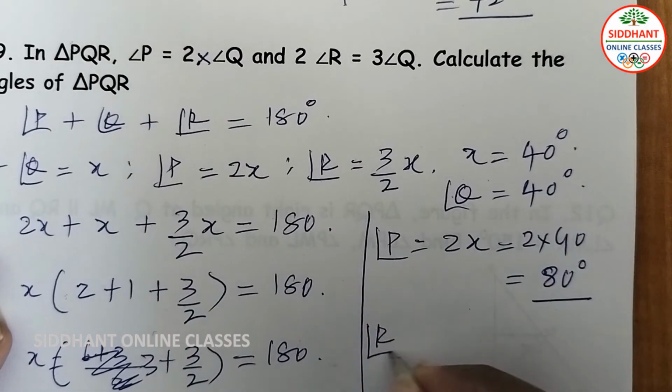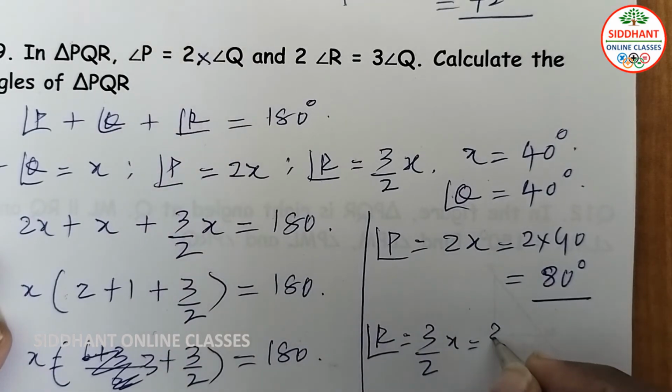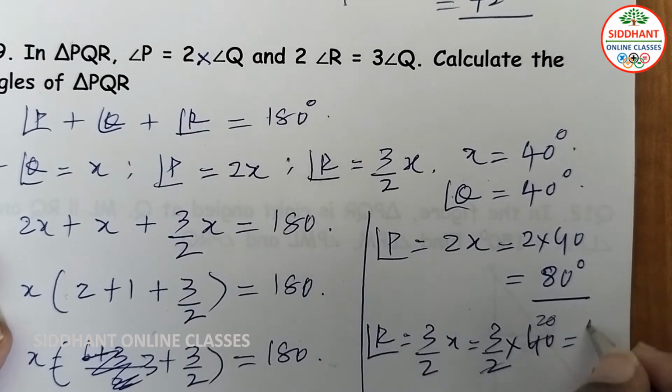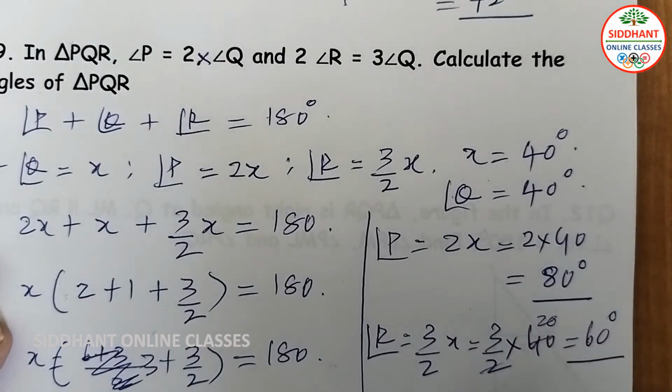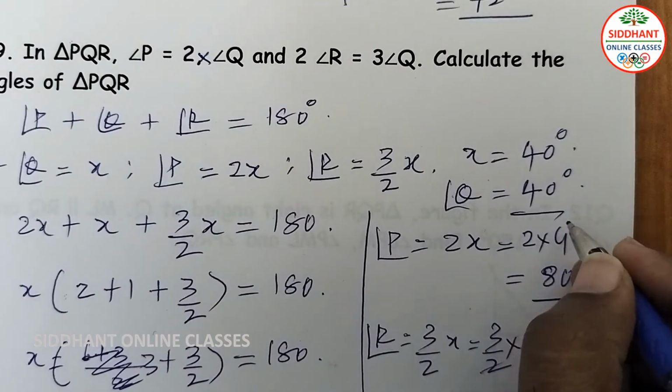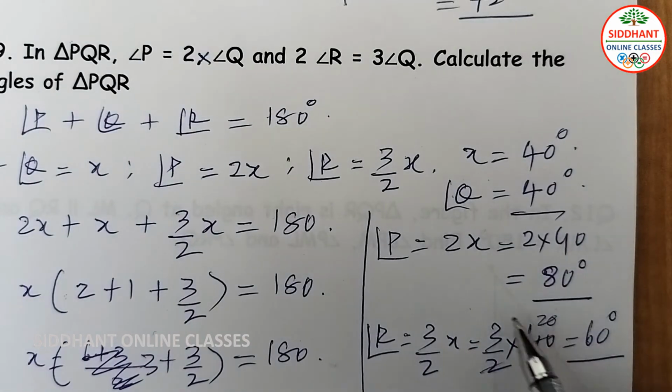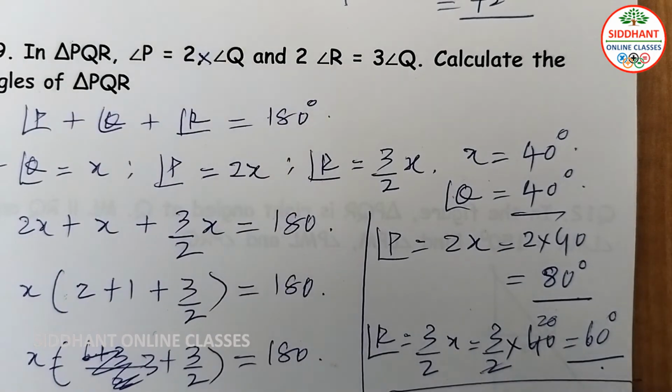Next angle R is 3 by 2 x, that equals 3 by 2 into 40, that is 20, and we get 60 here. Angle R is equal to 60 degrees. So angle Q is 40 degrees, angle P is 80 degrees, and angle R is 60 degrees here.